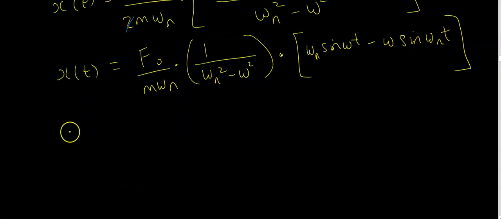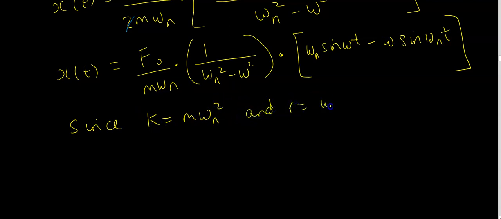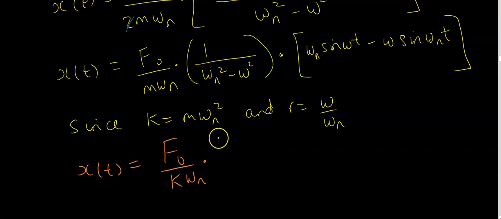And of course, since k is equal to m omega n squared, and r is equal to omega on omega n, then you can recognize that this expression gets a little bit closer to what we did before, where it becomes f naught on k, 1 on 1 minus r squared.